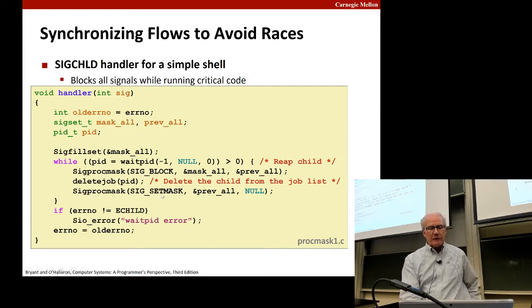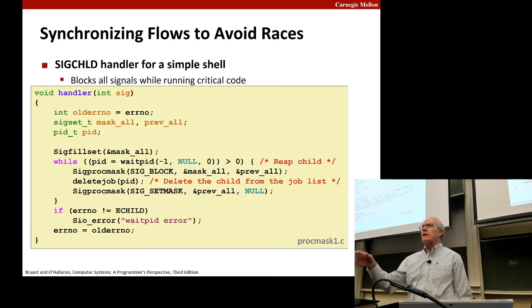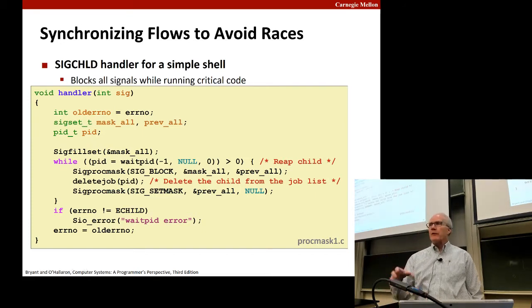It's using, because there's some other data structure around there that the shell is using to maintain the set of jobs, and it wants to remove this process ID from that set of jobs. It wants to make sure that some other signal coming in doesn't mess up that data structure.